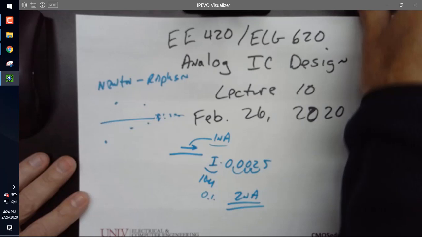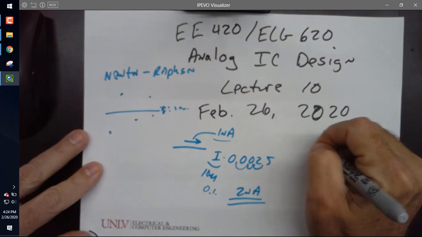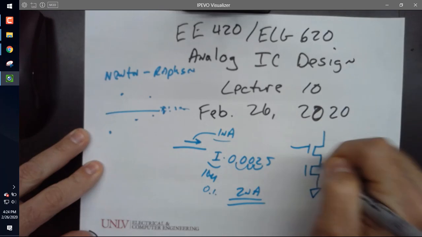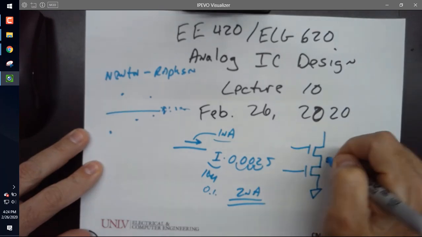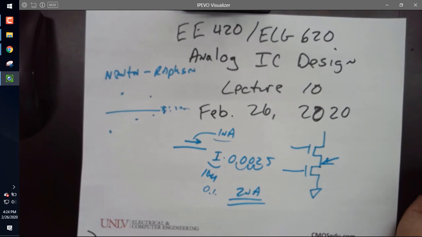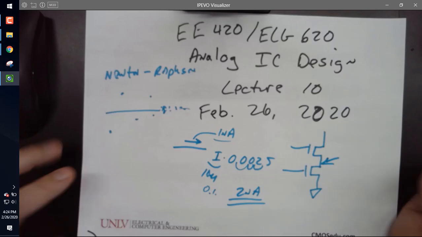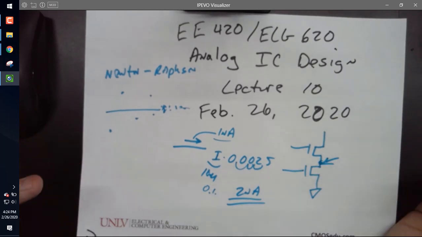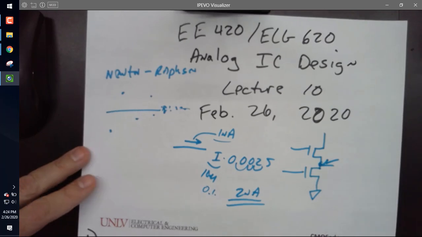Why, in simple terms, do I use a Cascode? In the VDS, so you have a reliable output. Pin that, right? I want to pin it to a known voltage. So that's if somebody asks you, why does that happen? It's because I want to pin this to a known voltage so that I don't have a change in my output resistance, all right? So that's the answer.